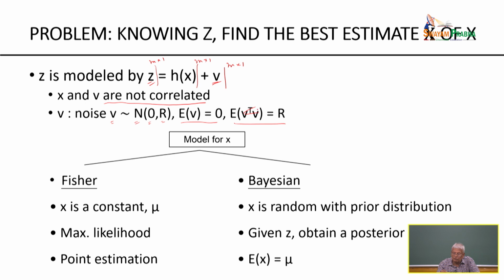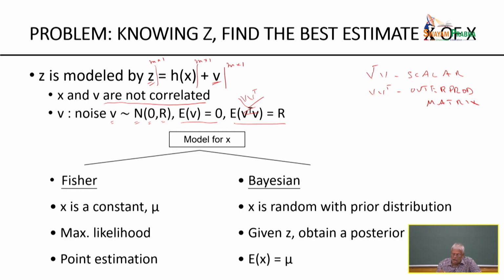It should be V V transpose, I apologize. That's the matrix. Please understand, V transpose V is a scalar, the inner product. V V transpose is an outer product matrix. So it should be that V V transpose expectation is equal to R.